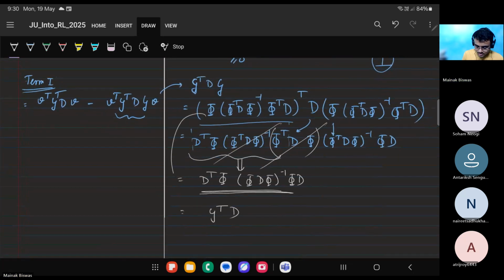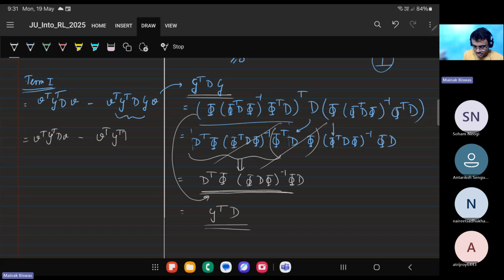Yes, it says G transpose D, or D transpose G, whatever you want to write. Both are the same. So this can be written as V transpose G transpose DV minus V transpose G transpose D GV. So this term became G transpose D, and this becomes 0. Yes or no?